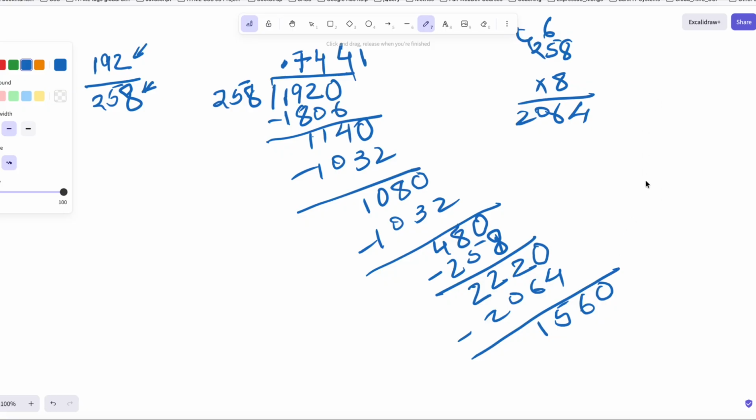But how many times does it go? I don't know, 5 times maybe? Yeah, let's try, we can even try 6 times. If you try 6 times, that will be too much actually. So let's try 5 times and see, does 258 times 5 come really close to 1560.